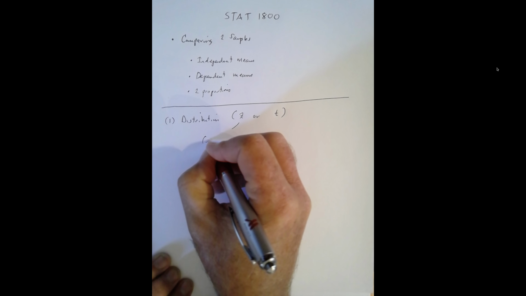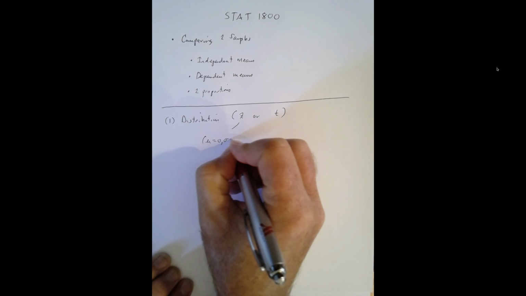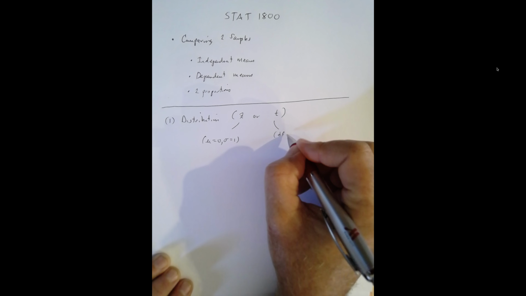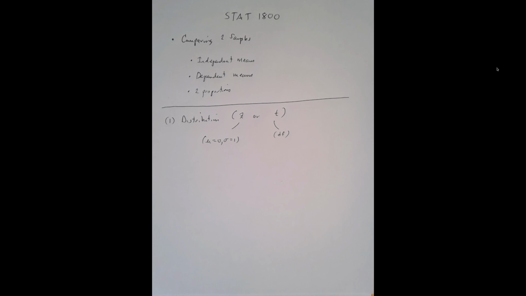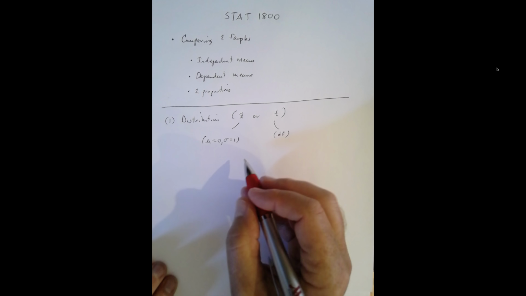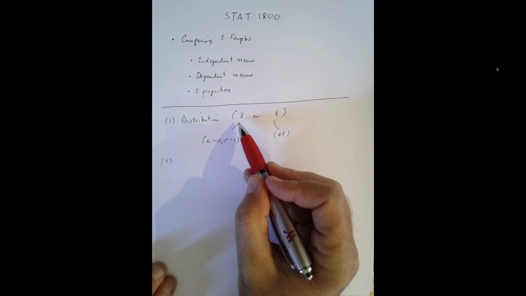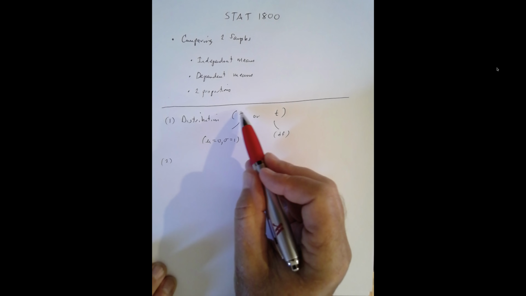Remember, Z has mean 0 and standard deviation 1, and the T distribution relies on the degrees of freedom. A lot of times students ask me, how do I know whether it's the Z or the T? Well, that's my job, to teach you that. Remember, if we have a population standard deviation known or a one prop hypothesis test, it's a Z test.